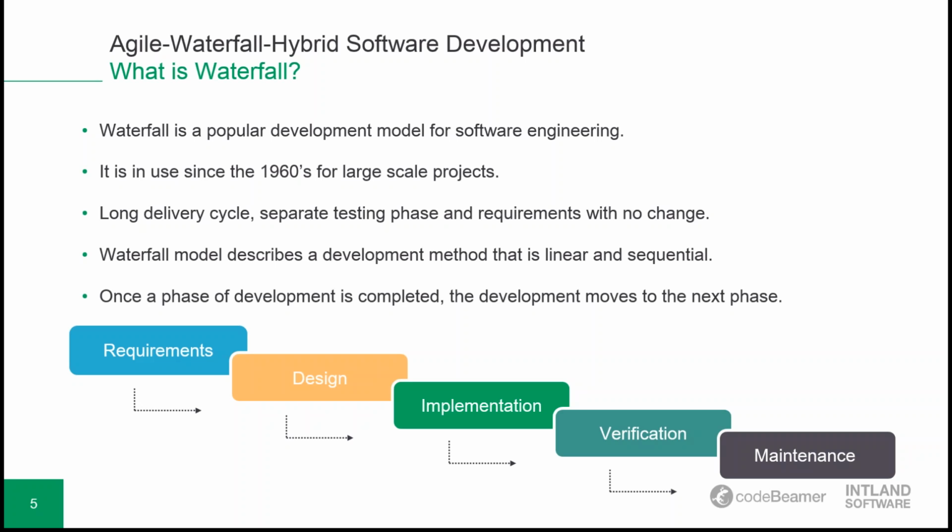What you need to know is that a pure Waterfall model works well in situations where there are long delivery cycles, separate testing phases, and where the original design and requirements are unlikely to change.